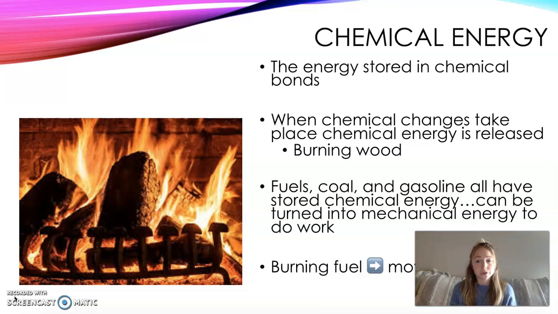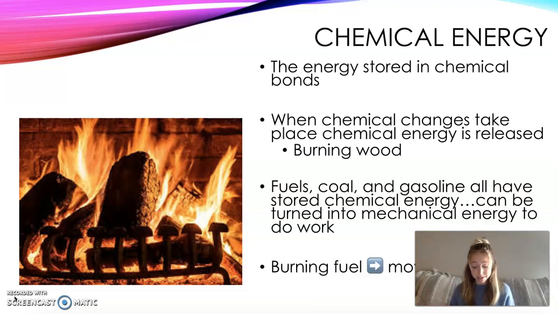All right, so the next form of energy that we're going to talk about is chemical energy: the energy stored in chemical bonds. When a chemical change takes place, chemical energy is going to be released. So the example of this is burning wood. If you look at your book on page 451, it says that the source of energy for the fire is the energy stored within the wood.